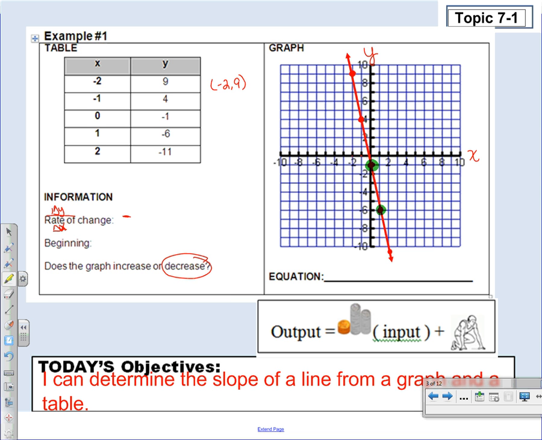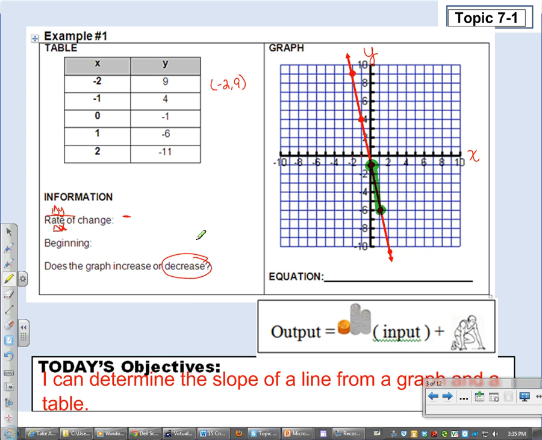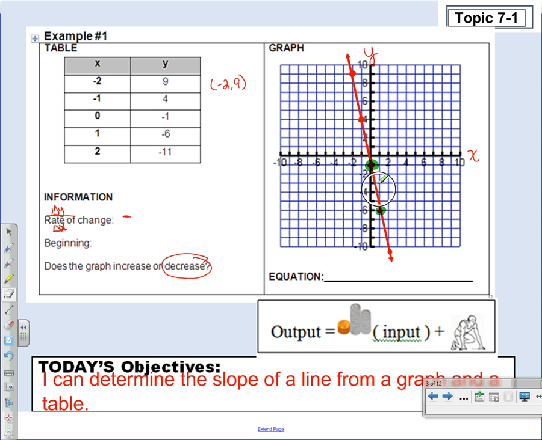Now, in order to figure out how much it changes, I'm going to connect those points by drawing a little triangle. Let's try that again. So drawing a triangle, from one point to the other.